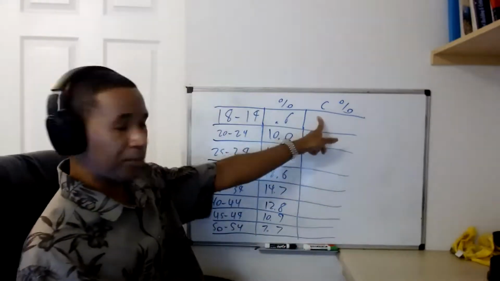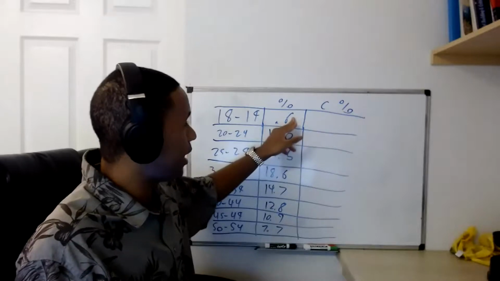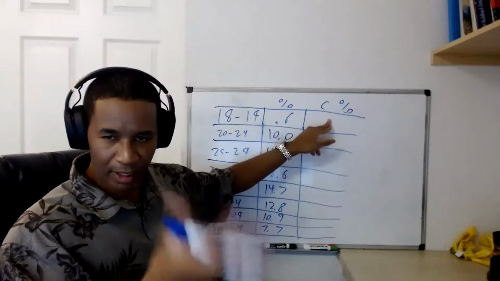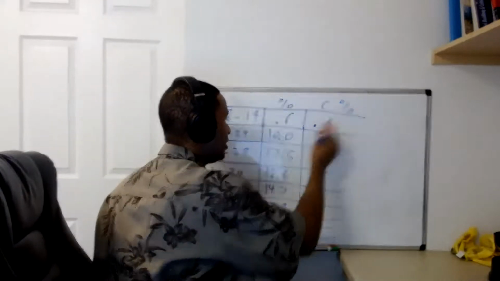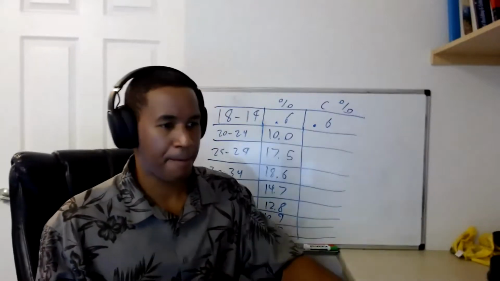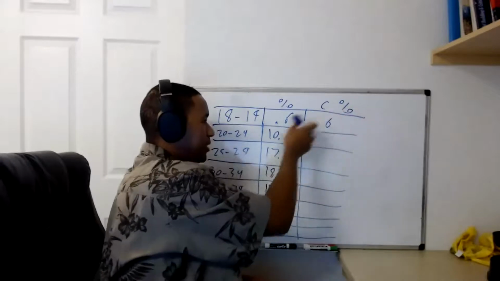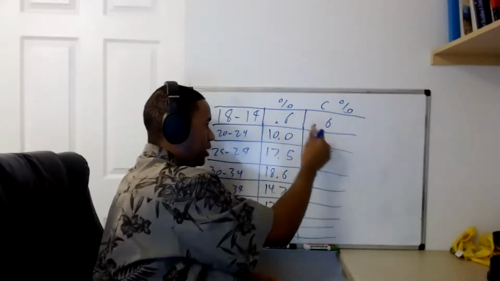For the cumulative percentage, first we take the percentage in the first category and move it over to the cumulative percentage, because we're going to add the percentages to the next category. So we go 0.6 here. What are we going to do with this 0.6 now? Add it to the 10. Good, add it to the next one, 10.0. We add that and get 10.6.